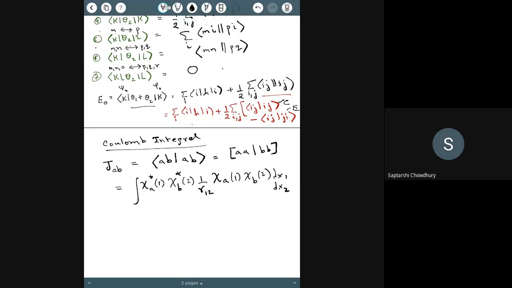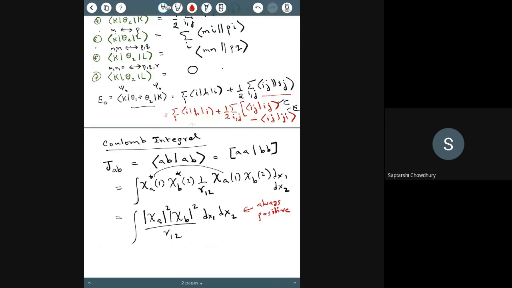And then you see that this and this together is mod chi A squared, and then you have mod chi B squared by R12 dx1 dx2. So first of all, this is always positive. And secondly, you see this is the classical integral for the Coulomb interaction between two charge clouds.